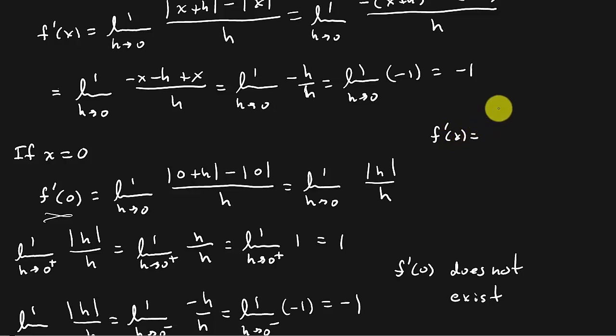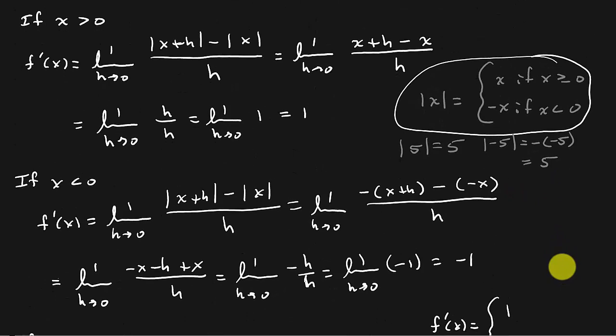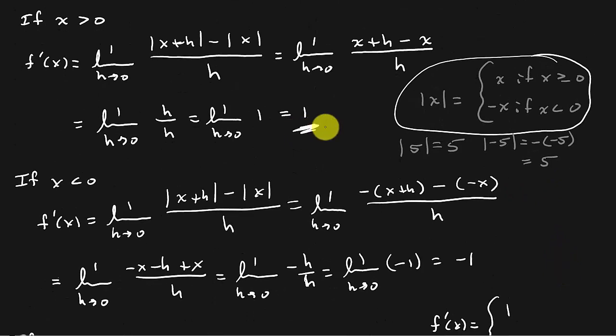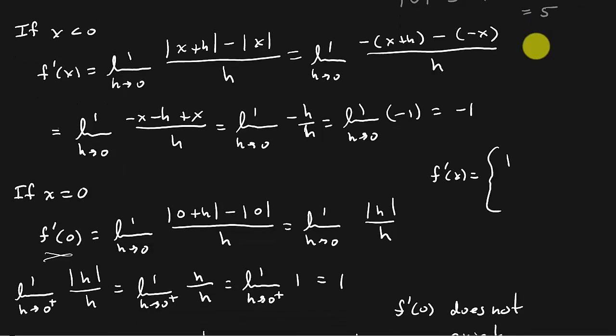F prime of x is equal to what? It's equal to 1, right? It's equal to 1 if x is greater than 0, and it's equal to negative 1 if x is less than 0.